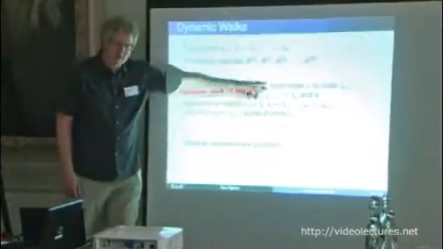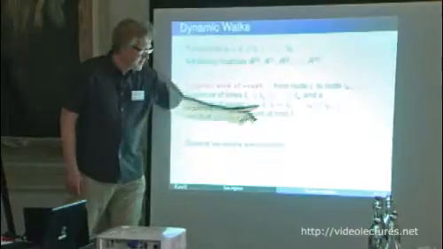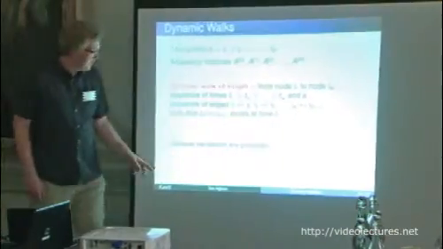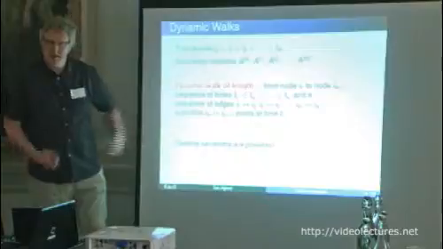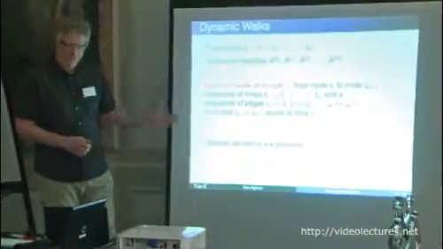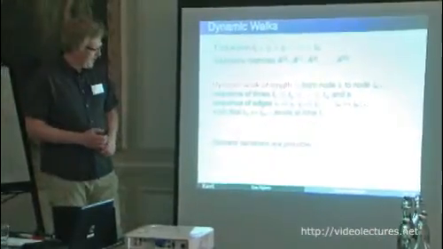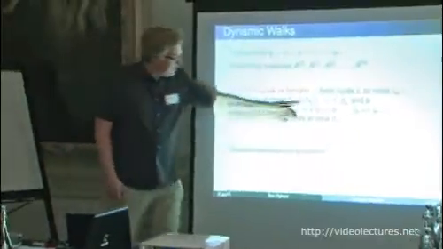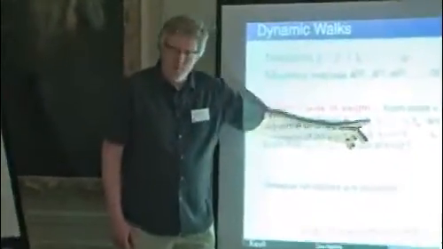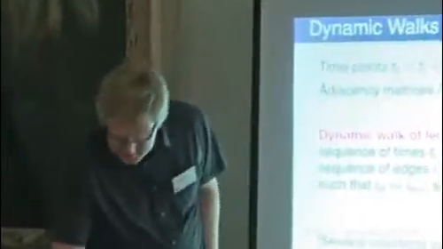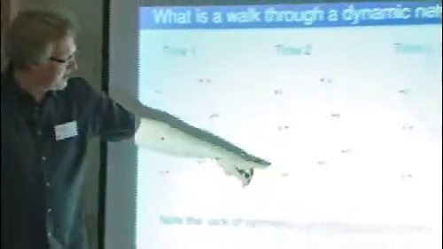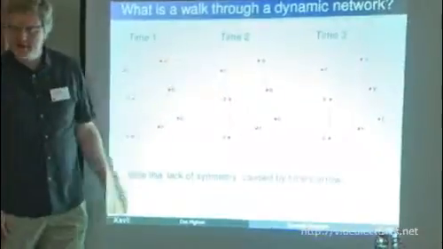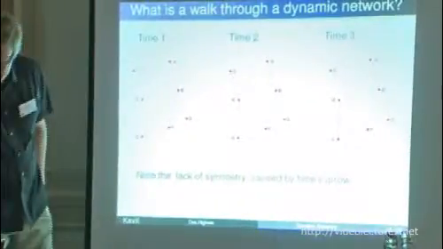So you need a sequence of time points and a sequence of edges that take you between the nodes, and the edges have to exist at the appropriate times. It's a perfectly natural concept. We allow the same time to be used by more than one edge, so you can traverse 2 or 3 edges on one day and then take as many edges as you like on the next day. That's the way we've defined it.